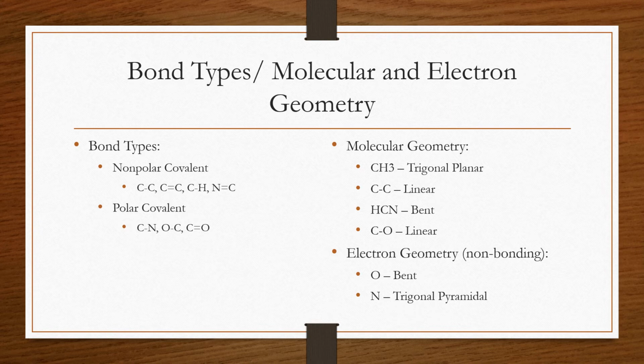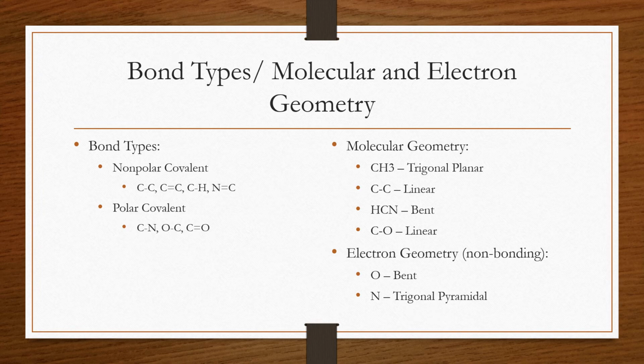Moving on to our molecular geometry, we'll look at CH3, which has a trigonal planar molecular geometry with an angle of 120 degrees. We look at our carbon-carbon single bond molecular geometry. It is linear, with an angle of 180 degrees. HCN has a bent molecular geometry with an angle of 109.5 degrees.